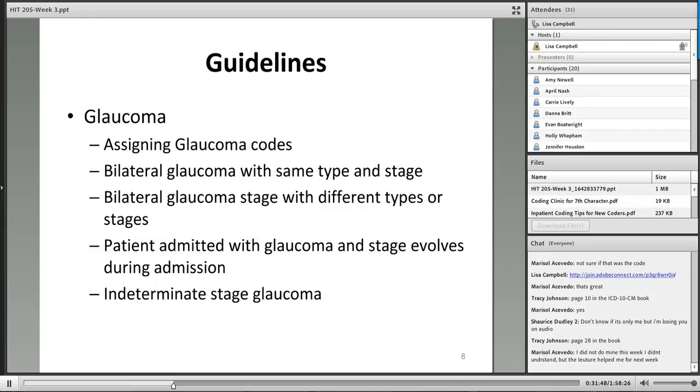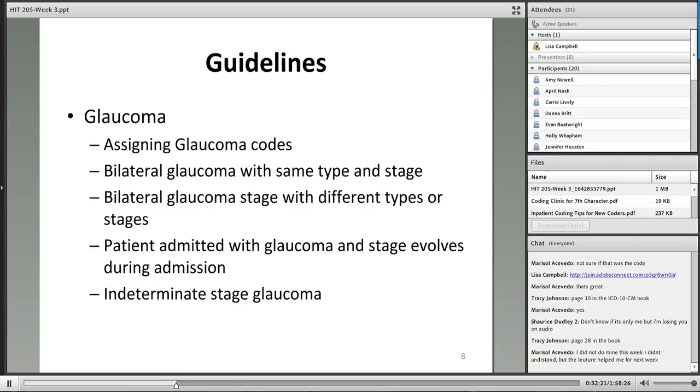We have primary open angle glaucoma. They call that POAG. Okay, that's one type of glaucoma. We have EOG, another type of glaucoma. There are different types, and so if the patient has several types of glaucoma, we're going to have a code for each type.